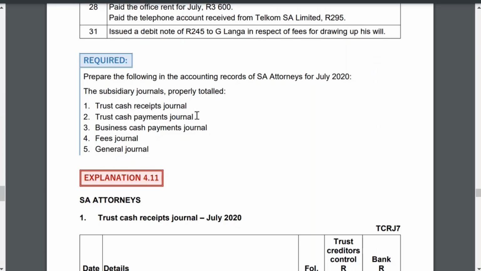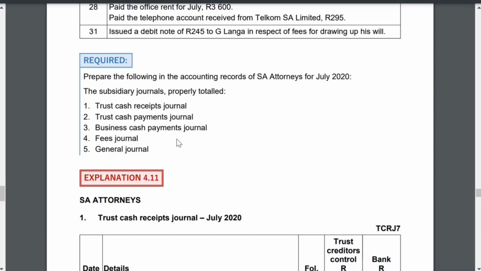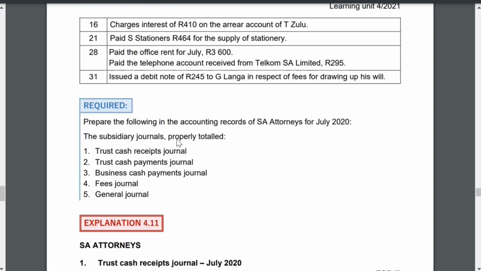So I can see that Palesa is saying business cash payment journal. Bali is saying business cash payment journal. Tepiso is saying fees journal. Myla is saying business cash payment journal. And Elisha is saying fees journal.